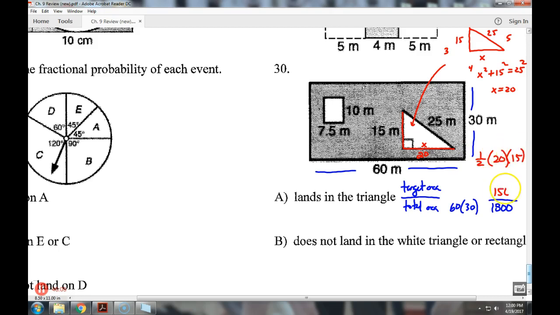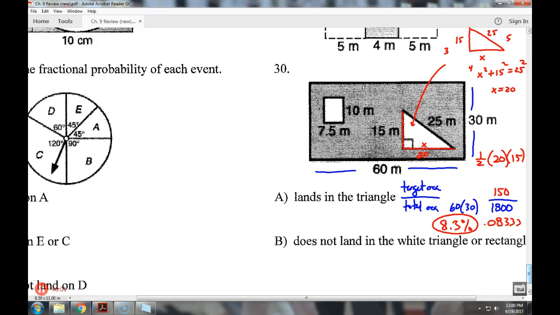So that's 150. And let's divide those out. 150 out of 1800 is 0.083333. So that's about 8.3%. So not a very good chance you're going to land in that triangle.